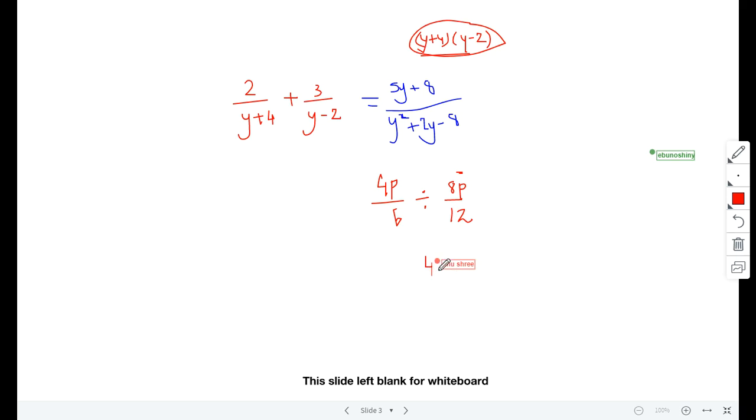So it's 4p divided by 6 multiplied by, now reciprocal of this one, we get 12 divided by 8. Final answer is just p.